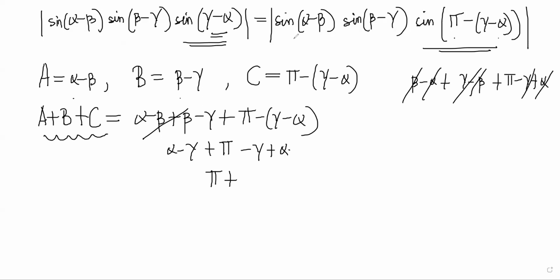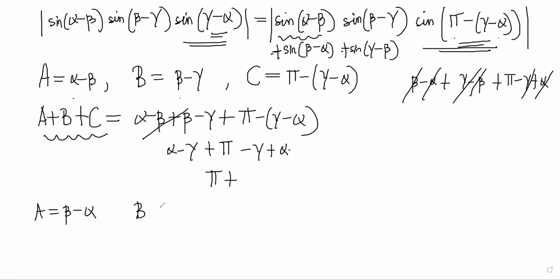So what you have to choose is reverse this sign, call this sine of minus sine beta minus alpha, and call this minus sine gamma minus beta, and keep it like this. So minus minus becomes positive, so this doesn't change anything. So what I'm going to say is A should be labeled as beta minus alpha, B should be labeled as gamma minus beta, and C should be pi minus gamma minus alpha.